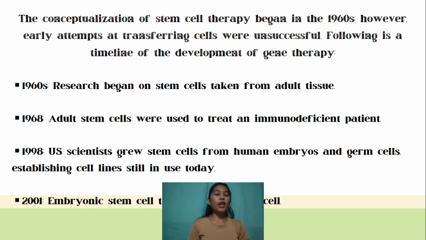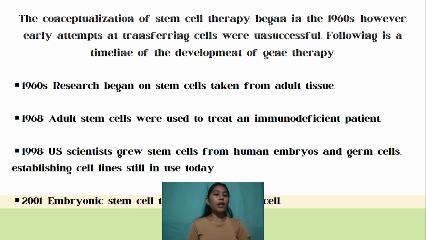In the year 1998, in the U.S., scientists grew stem cells from human embryos and germ cells, establishing cell lines still in use today. So in 1998, in the United States, they established stable cell lines, which are populations of cells that can be maintained and grown over long periods.